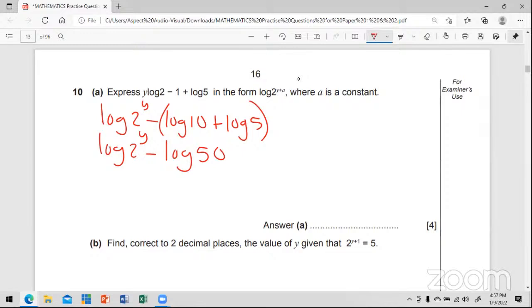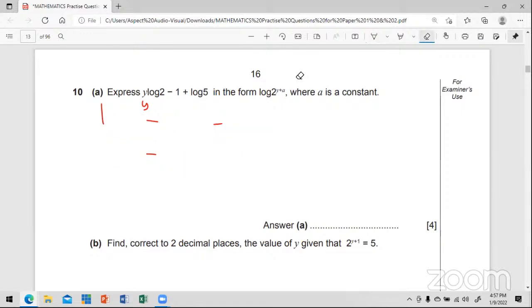Remember class. There's something good right here. They are not saying we should express it as a single log altogether, but in the form of that.